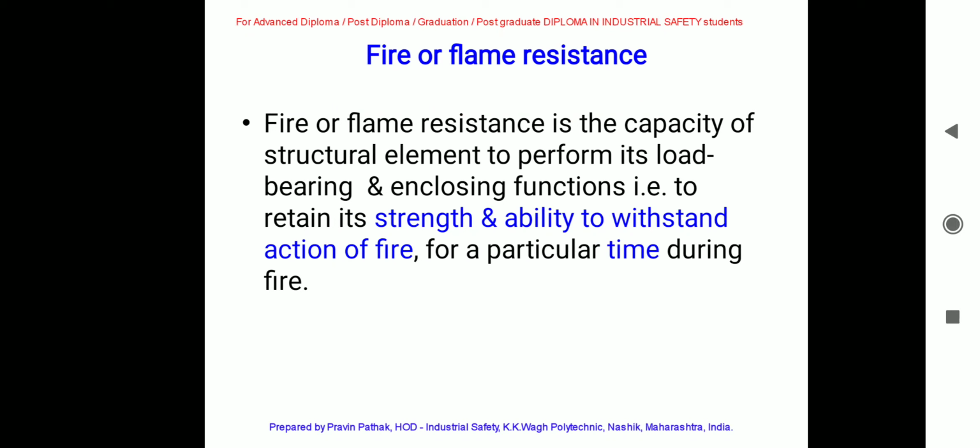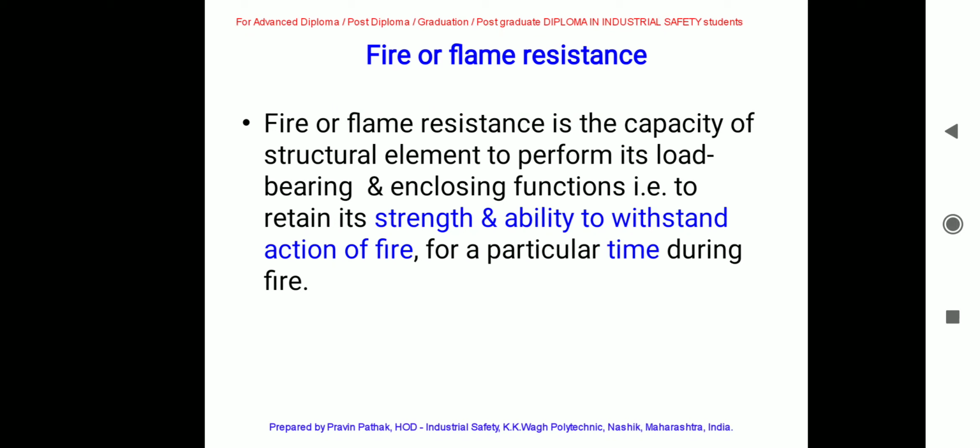Depending on the fire and flame resistance and capacity, the structural resistance is calculated: how much strength and ability to withstand the action of fire for a particular time during a fire.